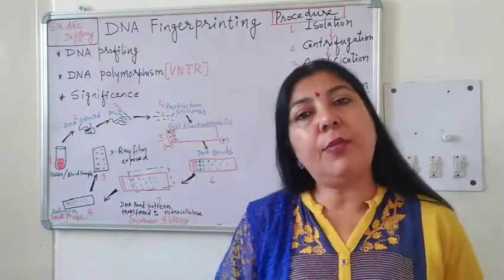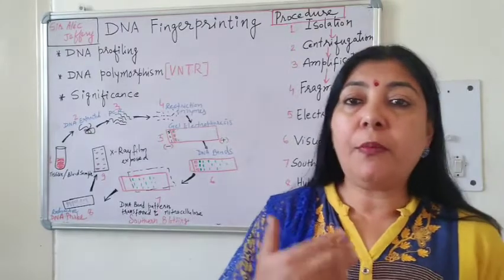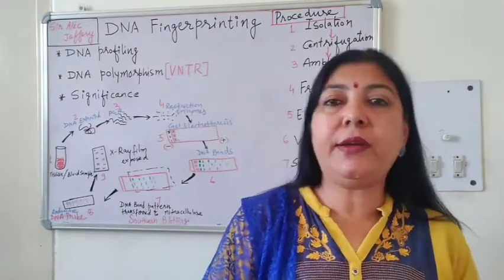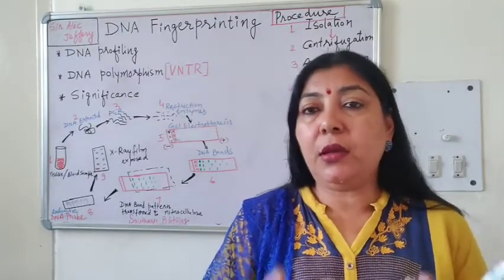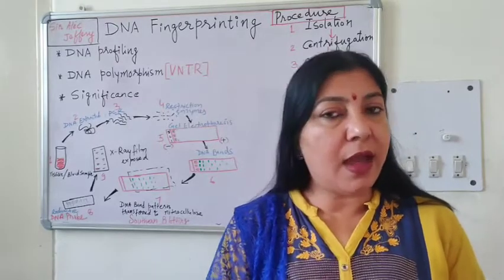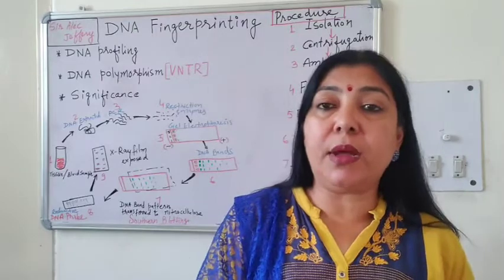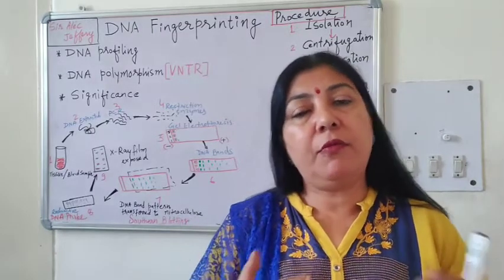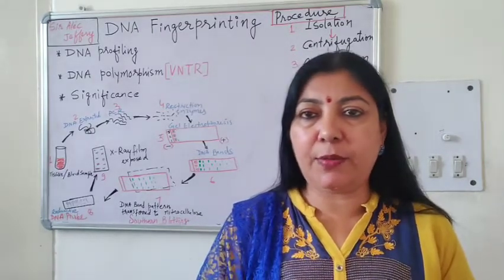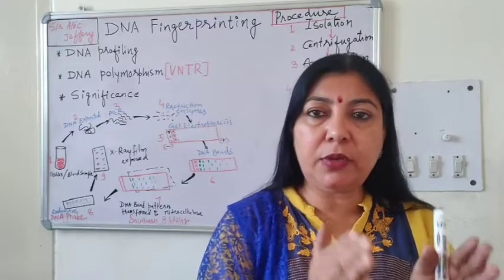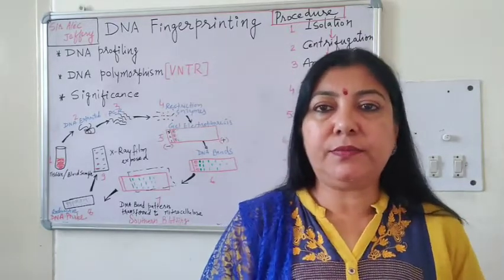Likewise, DNA fingerprinting can be used for paternity and maternity tests also, because an individual is a hybrid of his biological mother and father with respect to the DNA fingerprinting, with respect to the DNA pattern.